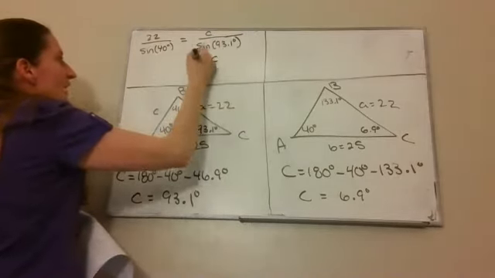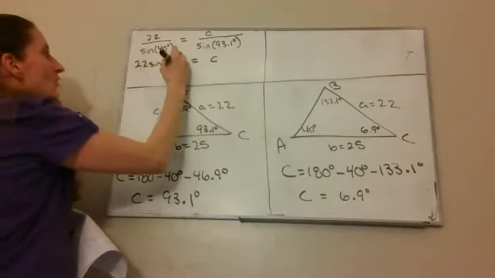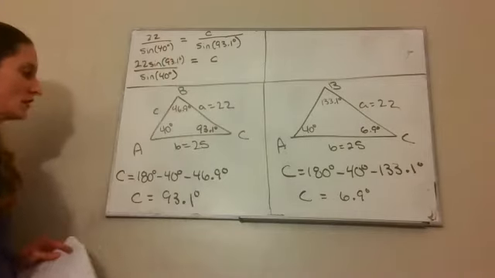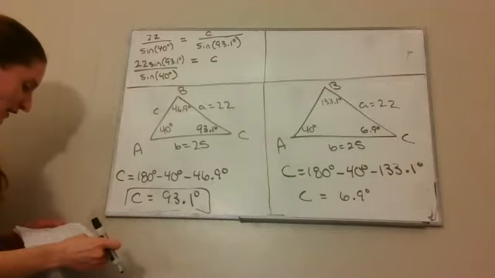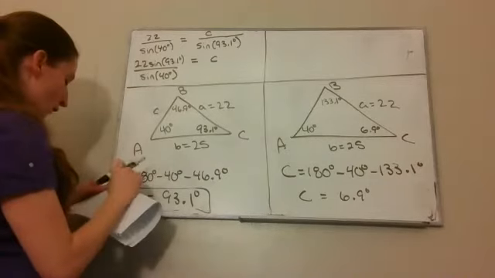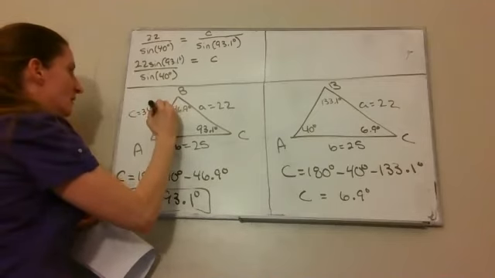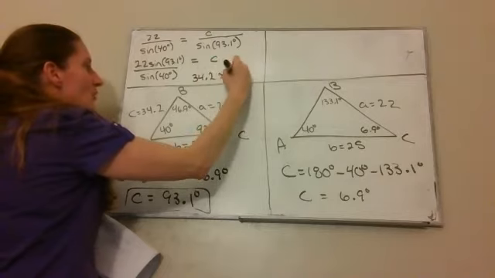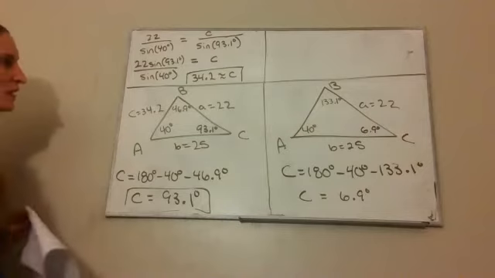That tells me that side C is equal to 22 sine of 93.1 degrees over sine of 40 degrees. When you type that into the calculator, you get that side C is approximately 34.2. 34.2 is approximately C, and I fill that in on that triangle.